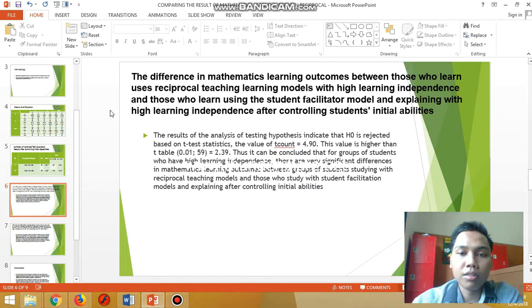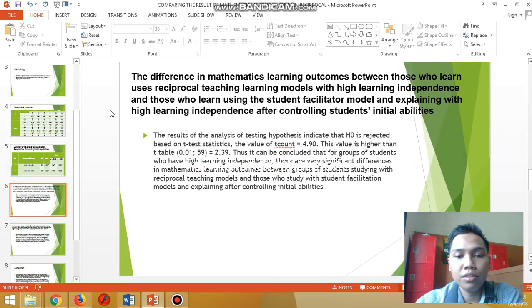Difference in mathematics learning outcome between those who learn using reciprocal teaching with high learning independence and those who learn using student facilitator and explaining with high learning independence, after controlling student initial ability. The result of the analysis of hypothesis testing indicates that H0 is rejected based on the t test statistic.